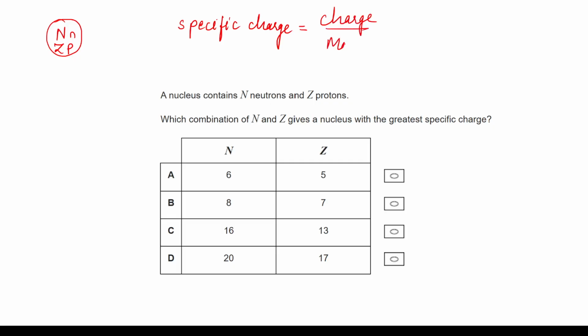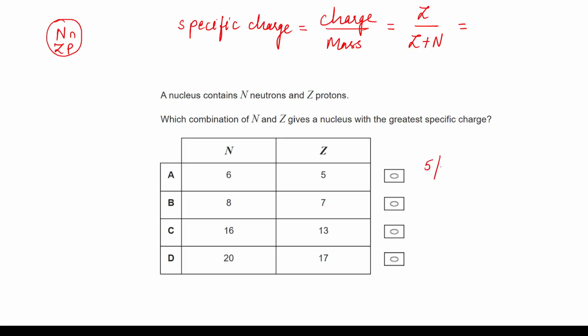Now, which number gives a charge? Z. And which number gives the mass? Both Z plus N. So if I want this to be largest, let's say which ratio gives me the largest one. So let's try with the first one.